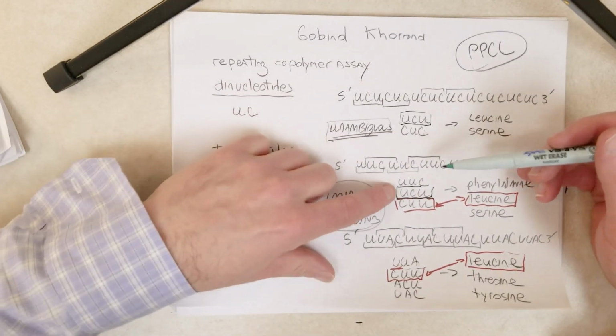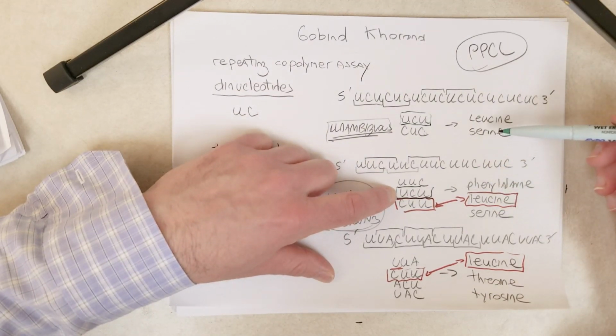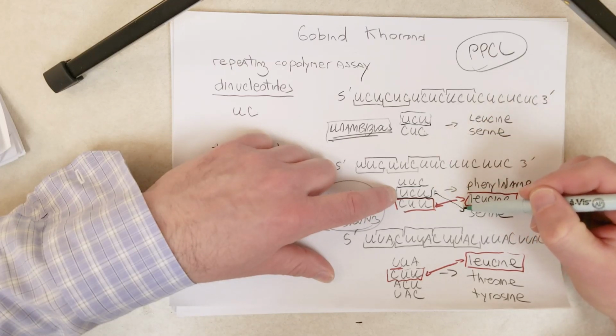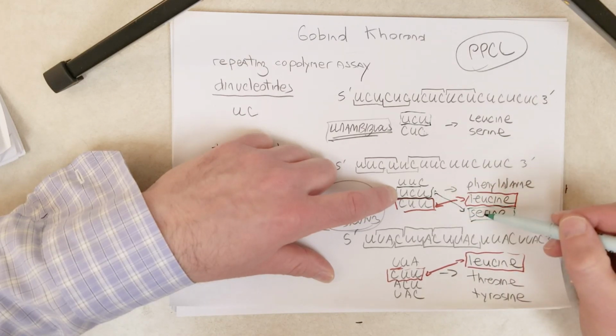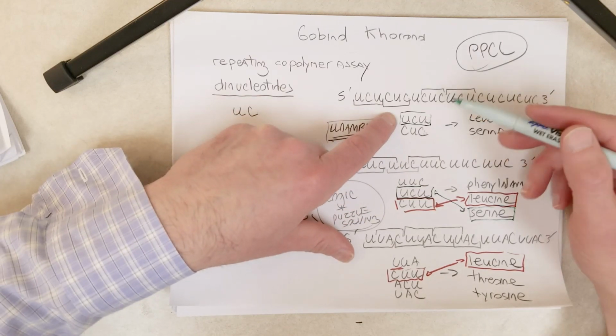Whatever UCU codes for, phenylalanine or serine, also has to be found up here. Only serine is found up here. So UCU must code for serine. Why? Because serine is found up here and UCU is also found up here.